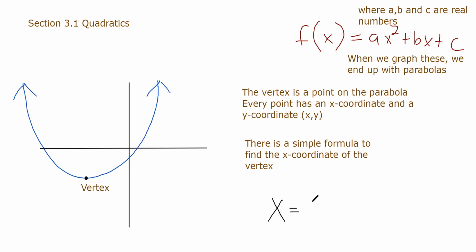It's going to be negative b over 2a. That will be the x coordinate of the vertex. We'll do a couple examples using some different quadratics.